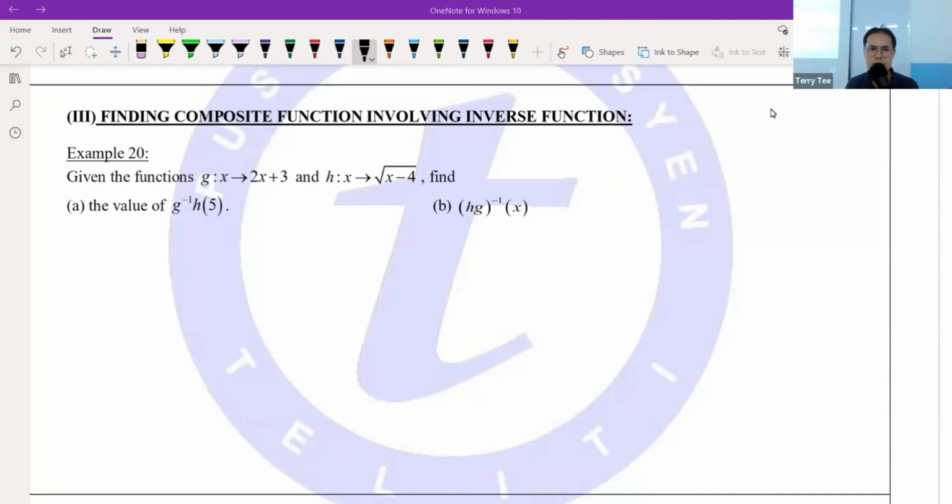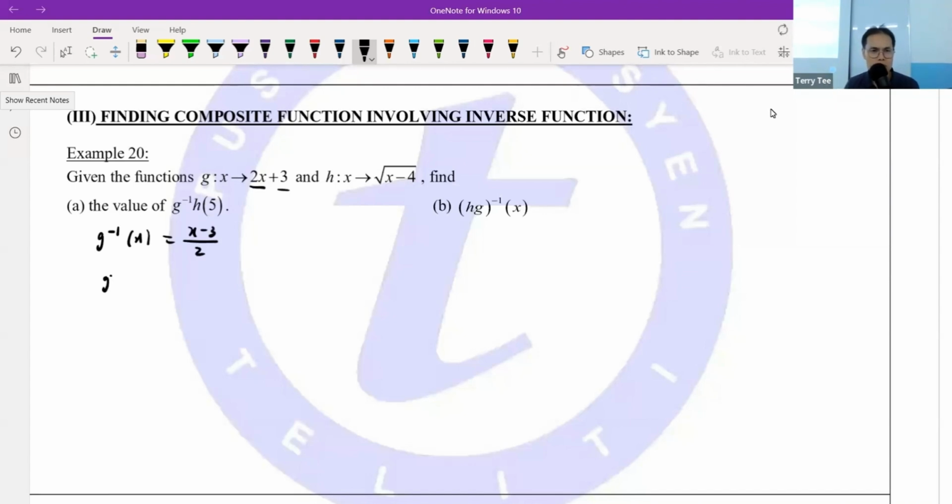But actually, the g inverse is also not difficult to find, guys. I'll just do it like this. Because your g inverse is what? Remember, this one means you first times 2, then you plus 3. The inverse will be first you minus 3, then you divide by 2. You can do this in one step. You don't have to show any other working. So for a linear function, the inverse is only 1 mark. Okay, so this is your g inverse.